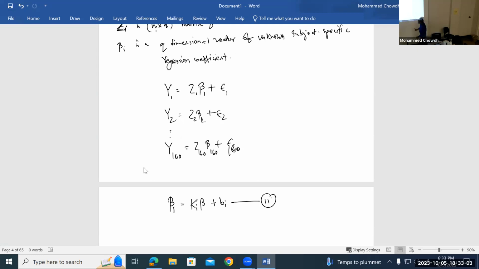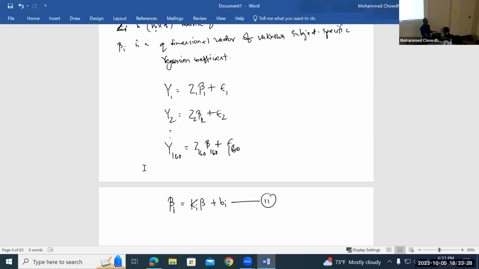They are forming another regression model. How many beta i's will I get? 160 beta i's, right? So they are forming another predictive model in this format. And this bi is also random, like epsilon, but these two are independent.